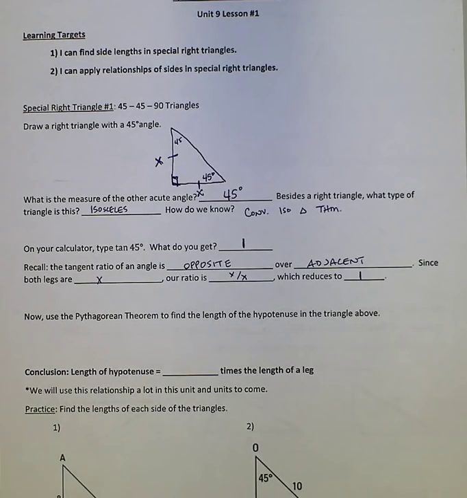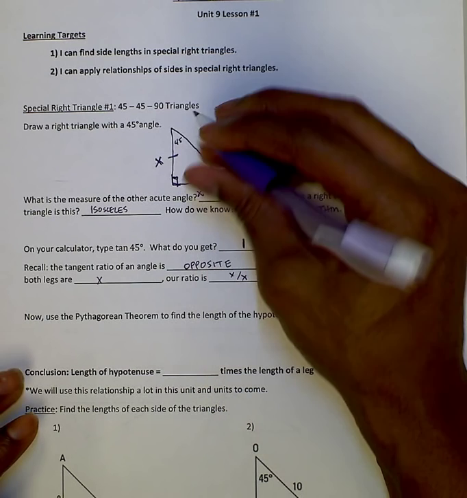What we're going to do is use the Pythagorean theorem to find the length of the hypotenuse. We can tell first of all that it has to be an isosceles triangle because in a 45, 45, 90 triangle those base angles are the same. We're just going to keep x in as the side length so that we know this is general and applies to everything, and we're going to solve for h.